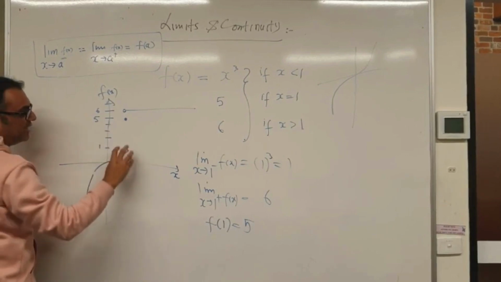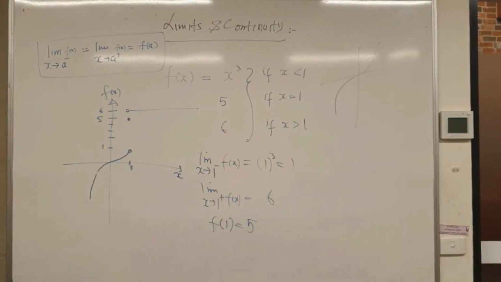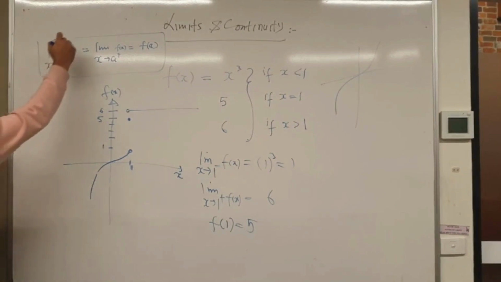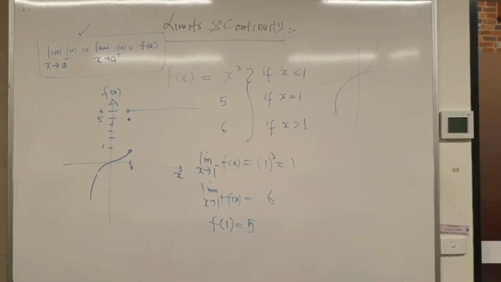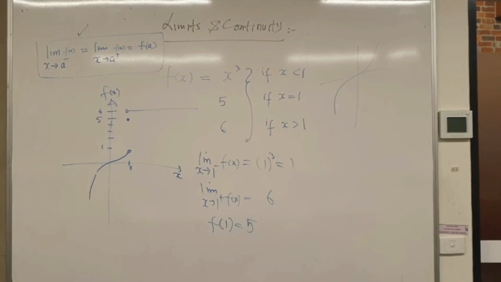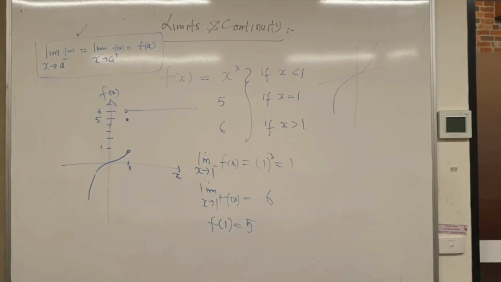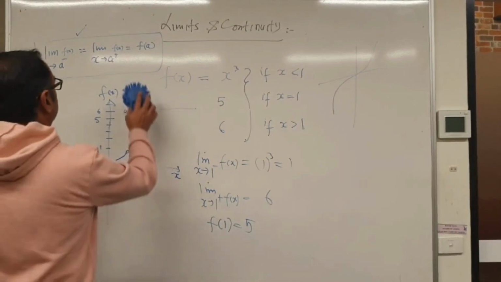So this function has some discontinuity at 1. You need to validate this in order to prove that the function is continuous. Make sense? Shall I take this off the board?